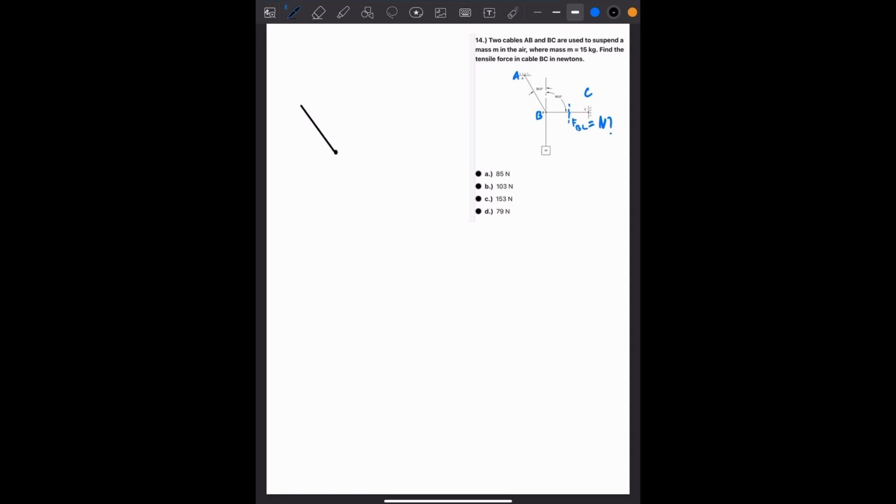The first one we can say is force AB. The second force, and the one we're solving for, is going to be FBC. And lastly, the force coming from the mass, so I'm going to put mg. And that's all the things that are tugging at this central position B.